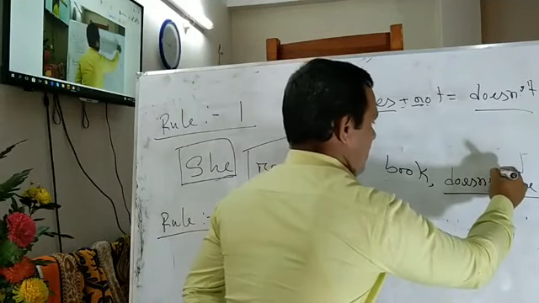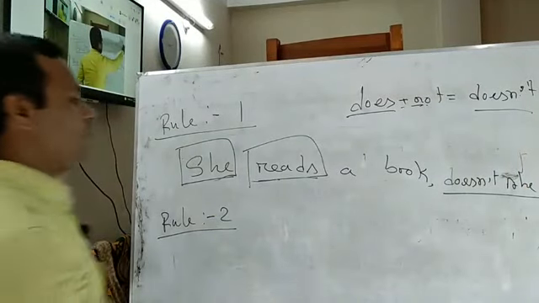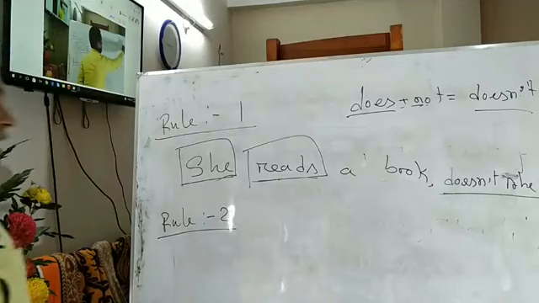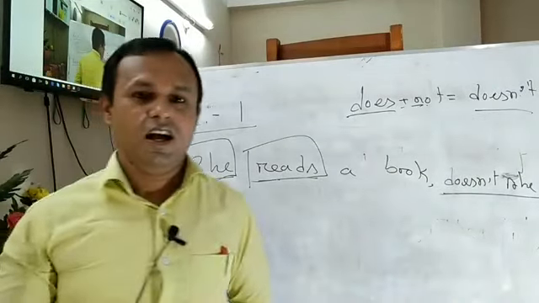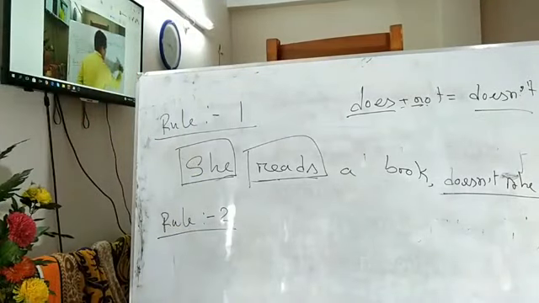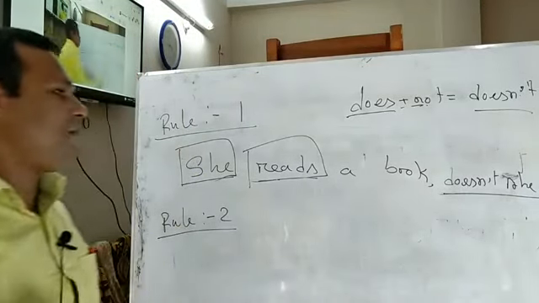So I can write doesn't she. This is rule number 2. So my dear students, I think you are clear with me.